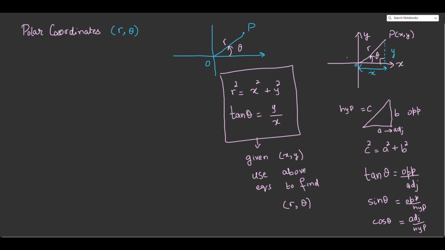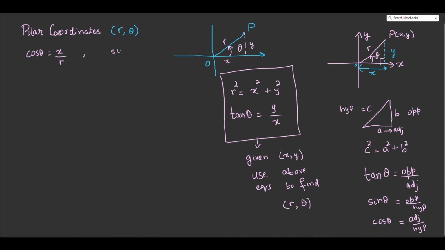So from this first triangle, here we have x and this is y. From these we are going to get two different equations for cosine theta and sine theta. So cosine theta will be equal to adjacent over hypotenuse, that will give us x over r.